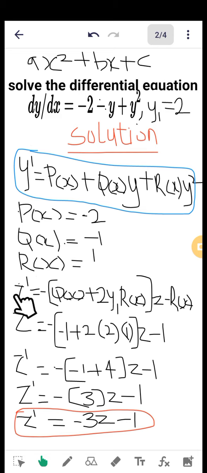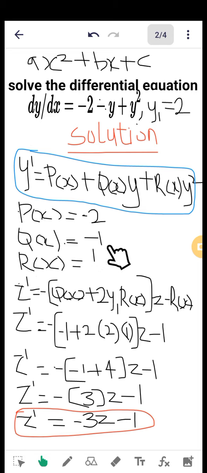Hence, for a Riccati equation, this is the shortcut for converting this whole equation into linear form. This is the equation: z prime equals minus (q of x plus 2 y1 times r of x) multiplying z, minus r of x.